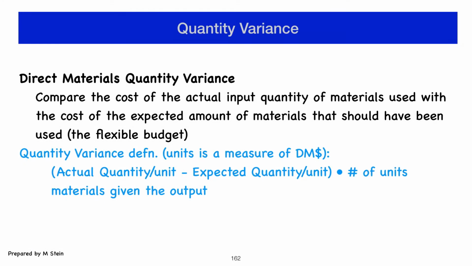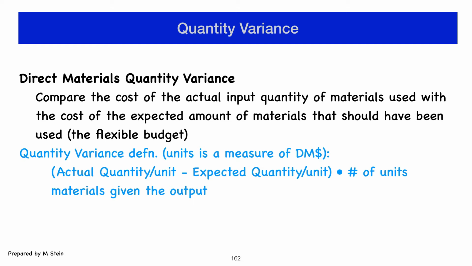The direct materials quantity variance is the actual quantity of materials used per unit of output minus the expected quantity of materials used per unit of output. Take that difference and multiply it by the total number of units of materials that were supposed to have been used given the output.